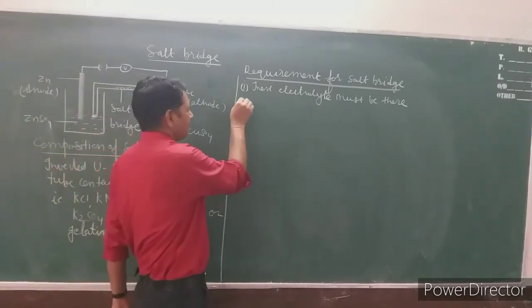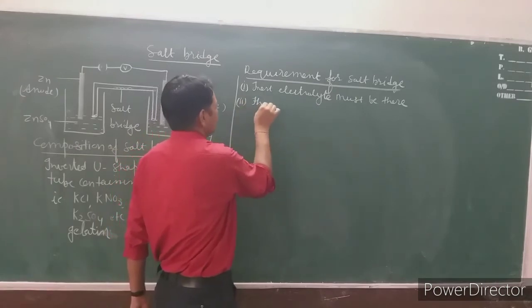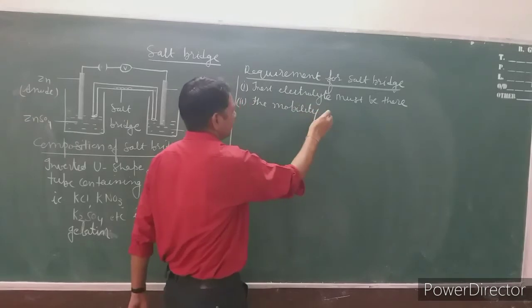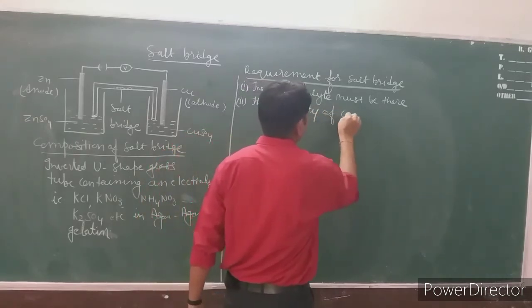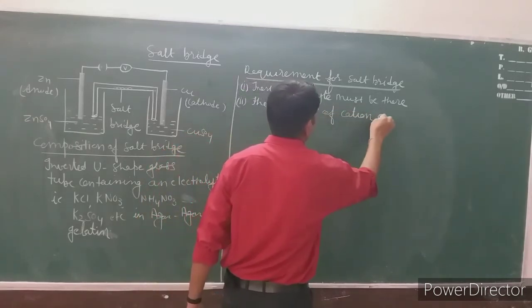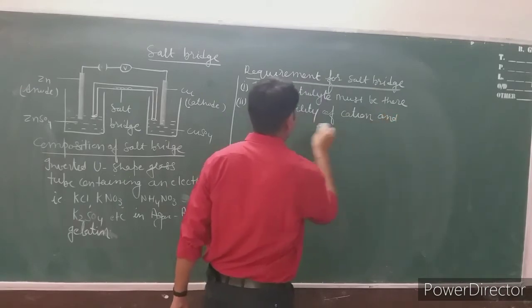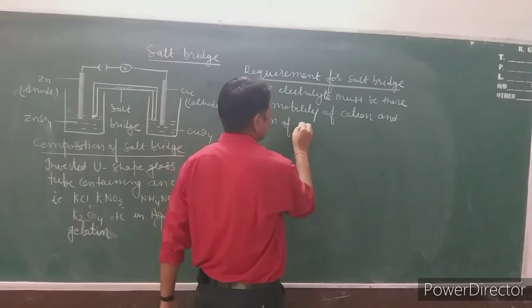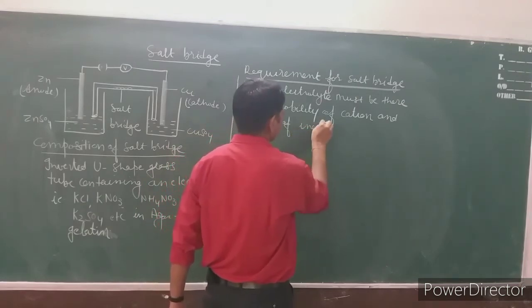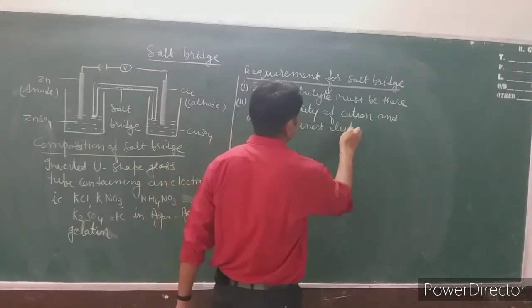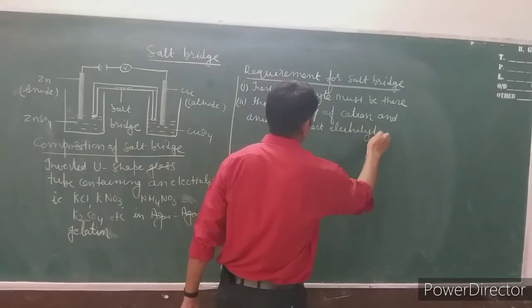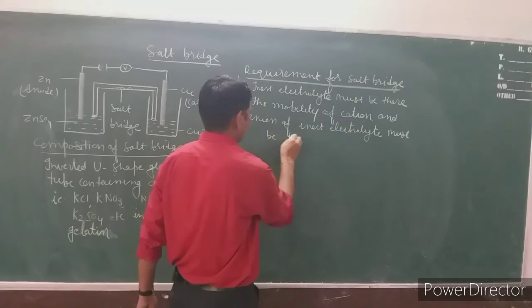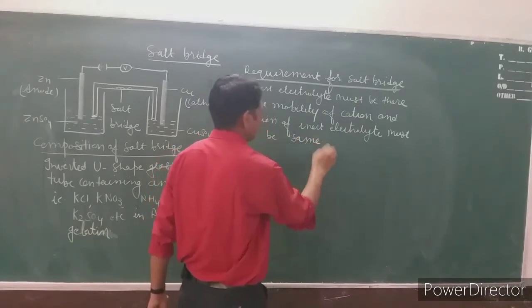Second, the mobility of cation and anion of the inert electrolyte must be the same.